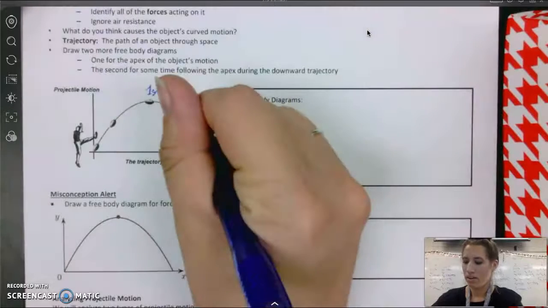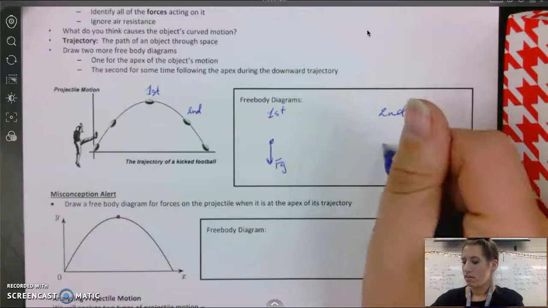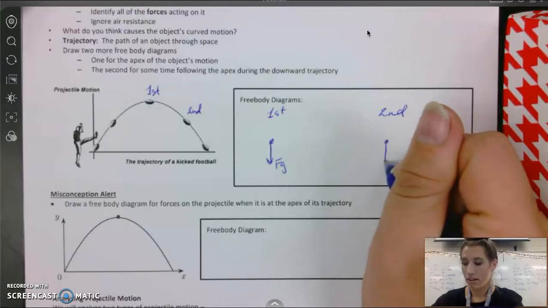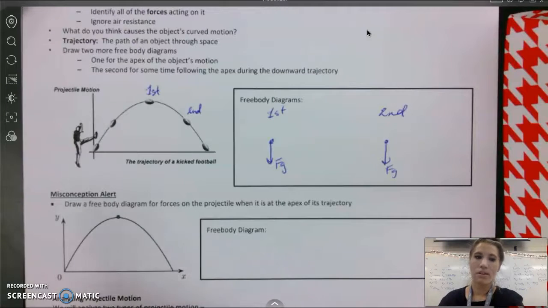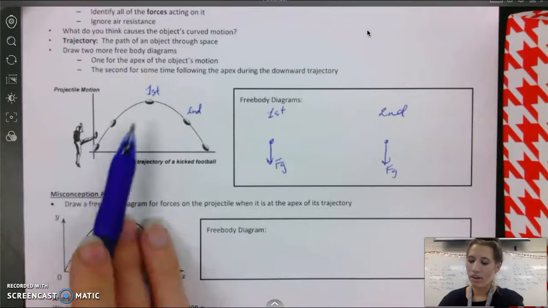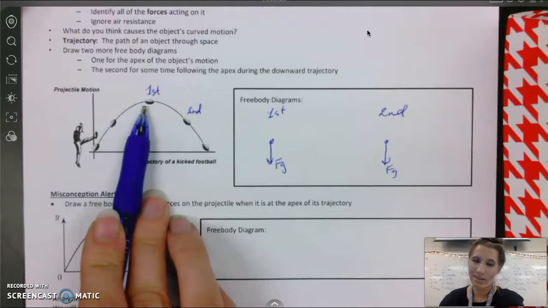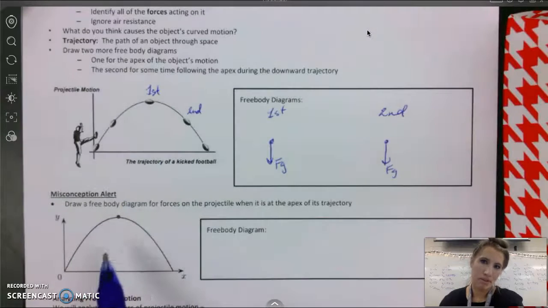And then sometime later, it's the same thing. The only force acting on that object is the force due to gravity, and that's it. Now, there was an initial force of the foot on the football to get it going, but the foot's no longer in contact with the football here or here or here, and so it could no longer be applying that force.